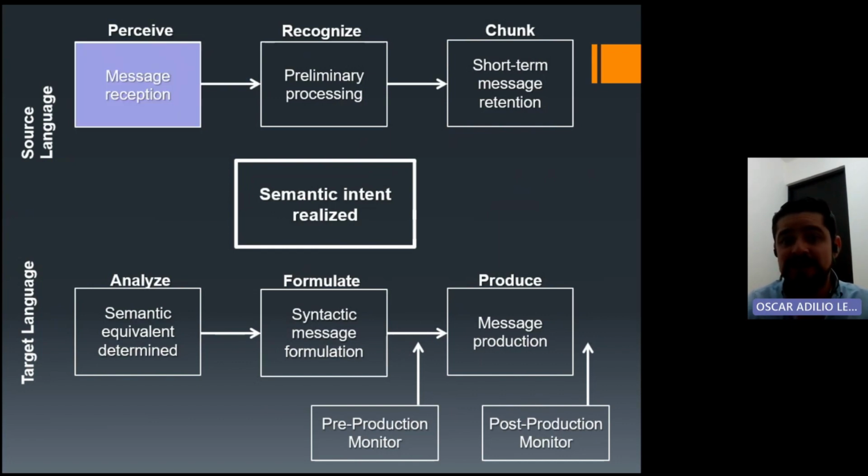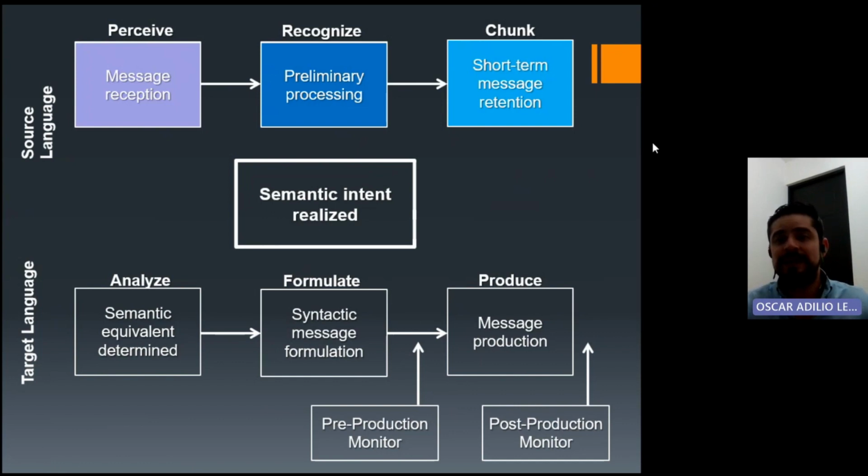The second stage is when our brain starts detecting that there is a sound that it has to focus on, because that sound or the sounds carry a message in a code that we understand, and that's recognition. Then our brain starts chunking the information, putting it into pieces that our brain starts processing and understanding. So we start understanding the sound, which are words maybe, and then we go into the semantic intent realized.